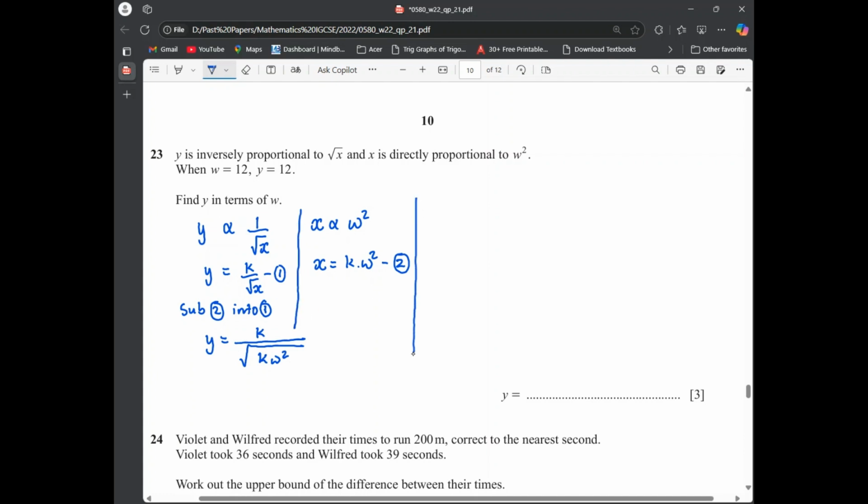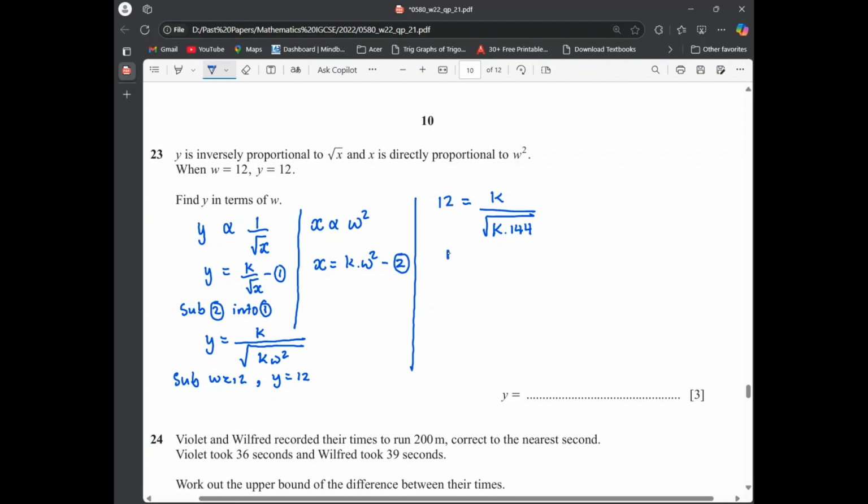Now, let's consider what I'm given: w equals 12 and y equals 12. So I want to find that constant k. Substitute w equals 12 and y equals 12. That gives us 12 equals k divided by the square root of k times 12 squared.